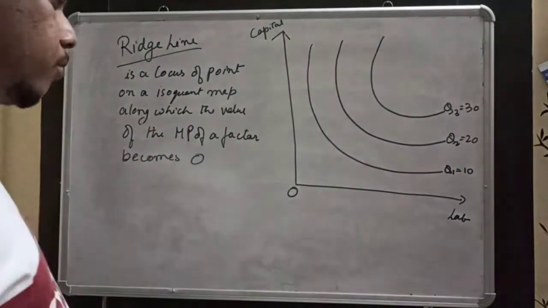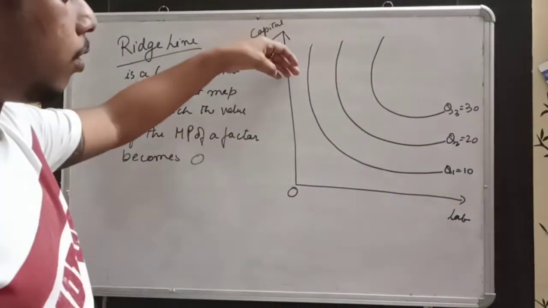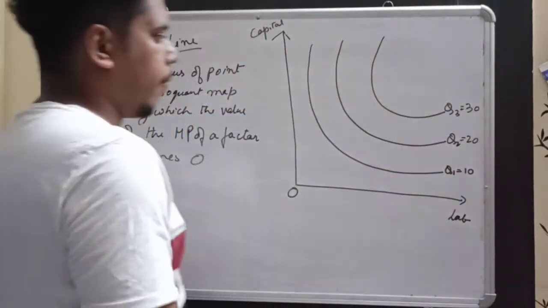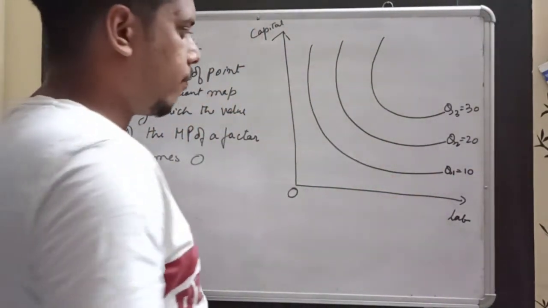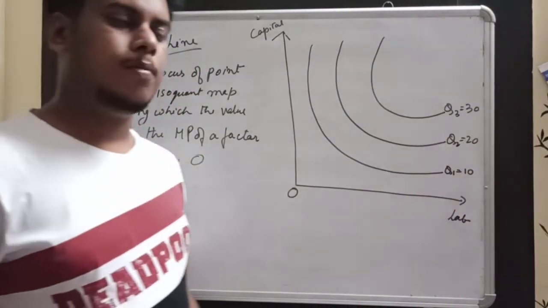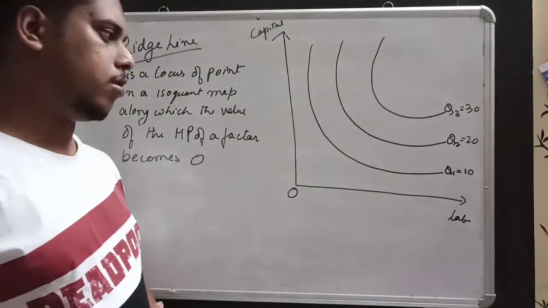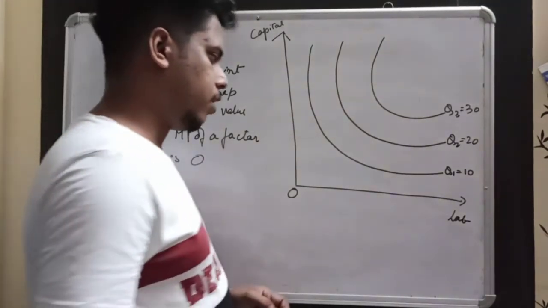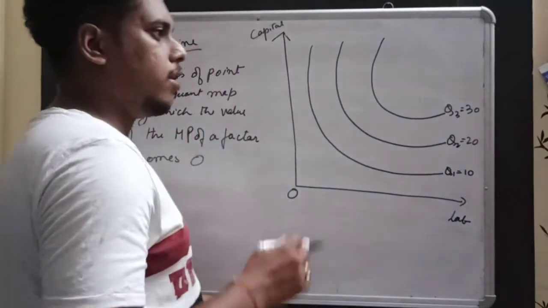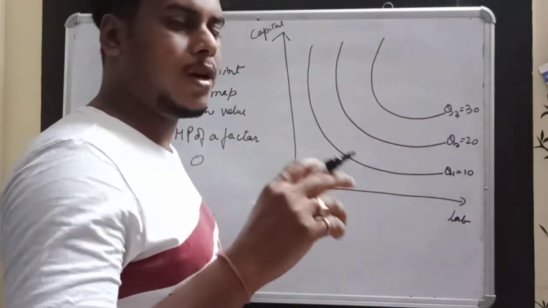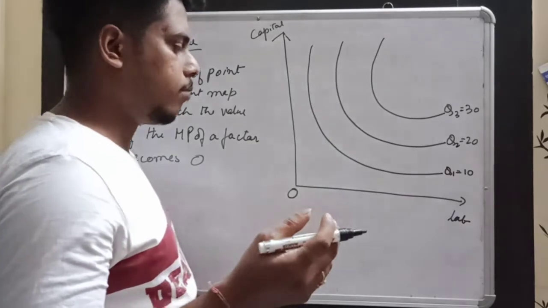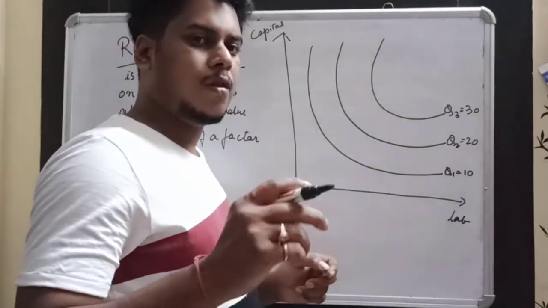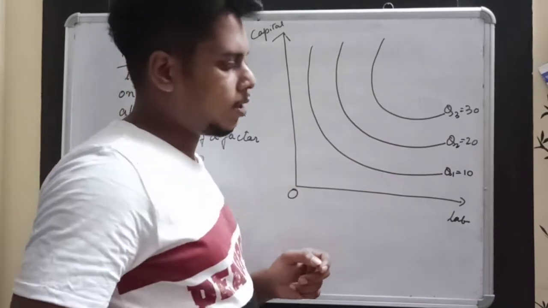Now as we move downwards along the isoquant, we know that the marginal rate of technical substitution between labor and capital goes on falling or diminishing. So the MRTS will eventually become 0 at a point, or the marginal productivity of a factor will eventually become 0 at a point.